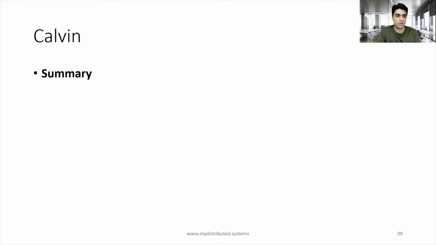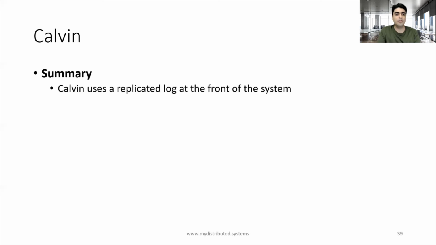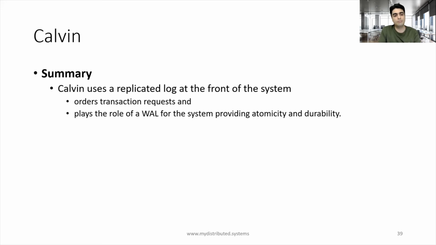Okay, so in summary, we see that Calvin uses a replicated log up front, at the front of the system, and this log orders transaction requests and plays the role of a write-ahead log for the system, providing atomicity and durability.